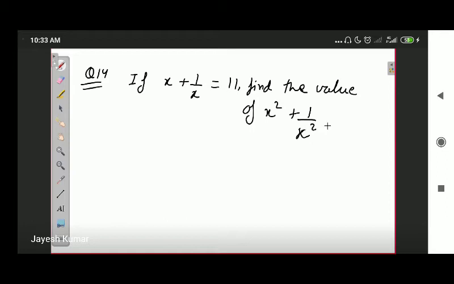This is the question that you have to do. In the book, "equals to 11" is not written, so please correct it and do the question properly.